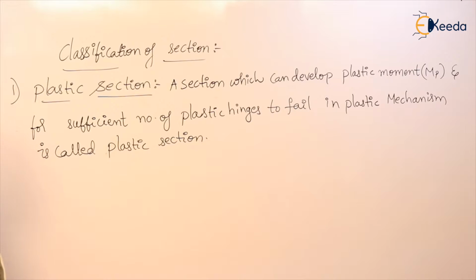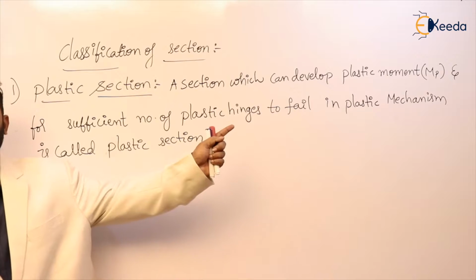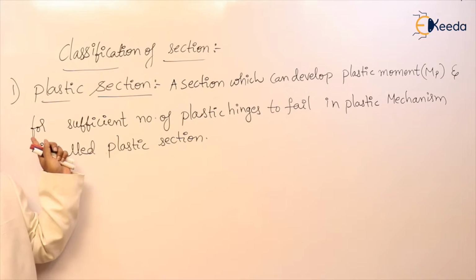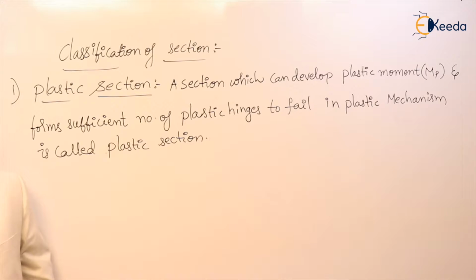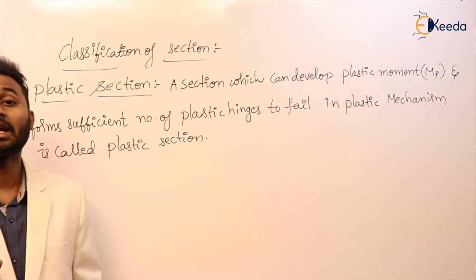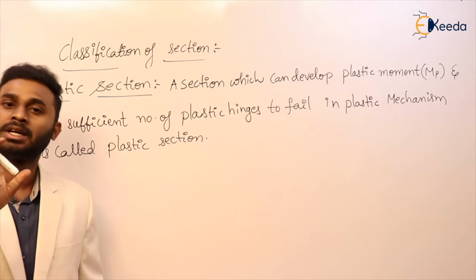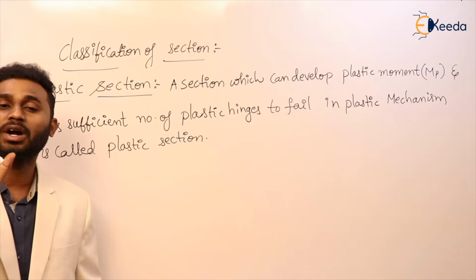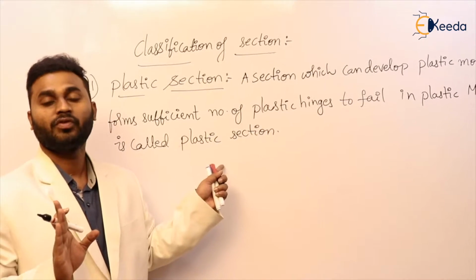So once again I repeat, a section which can develop plastic moment MP, and forms sufficient number of plastic hinges to fail in plastic mechanism is called a plastic section. It means if you recollect the concept of plastic analysis, all the beam sections we have discussed there fail by this case.